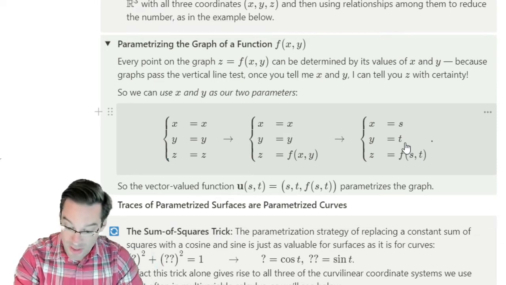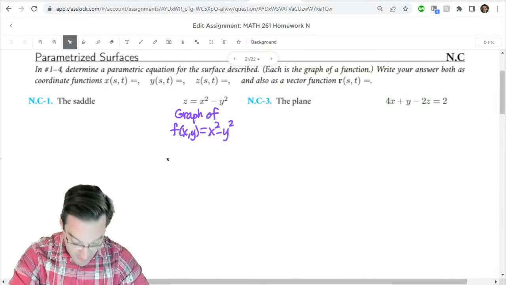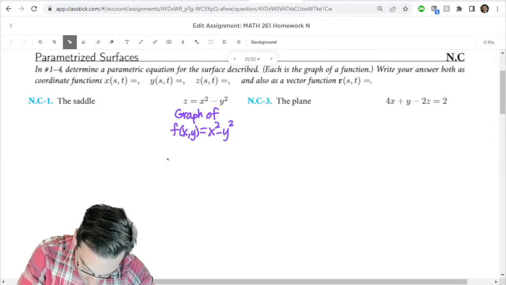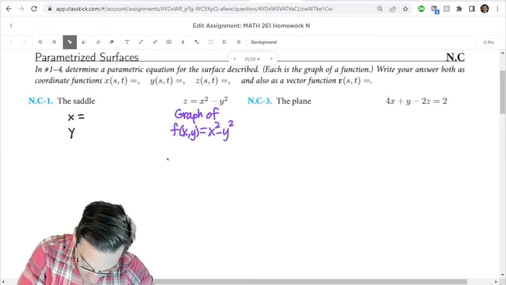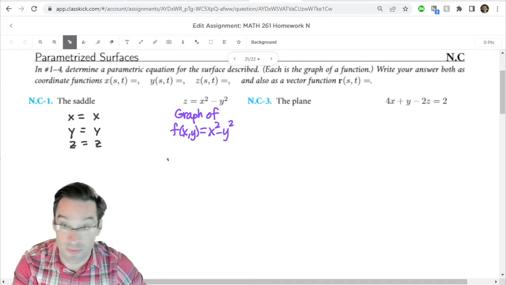So if I want to parameterize this saddle surface, so coming back to the homework problem, the way that I would do it is, again, just starting by writing out x equals, y equals, z equals, and then just making them themselves on that right-hand side.